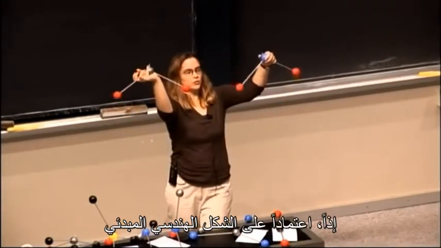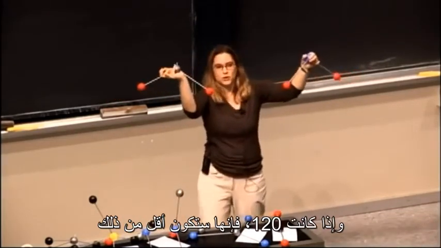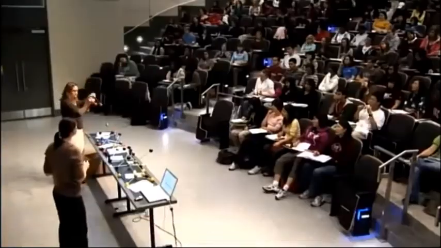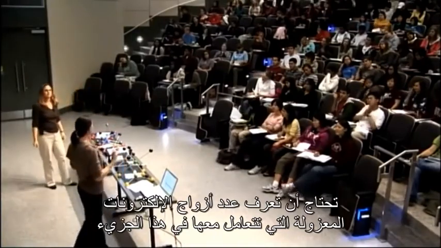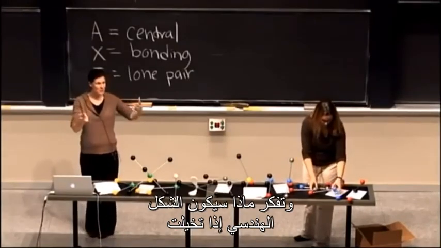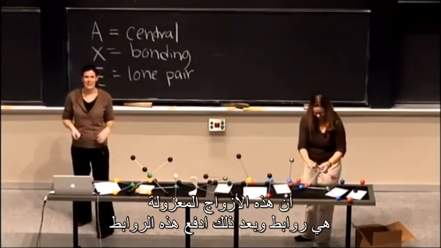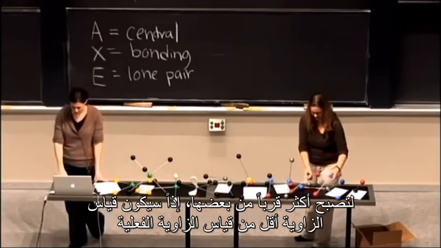And so you will go with your starting geometry. If it was 109.5, it'll be less than that. If it's 120, then it's less than that. So this is a good case of where even when you have the geometry the same, you need to think about how many lone pairs you're dealing with in your molecule and think about what the geometry would be if I just pictured those lone pairs in there as bonds and then push them even closer together so that it's less than that actual angle.